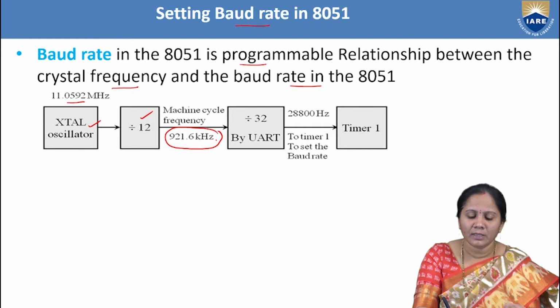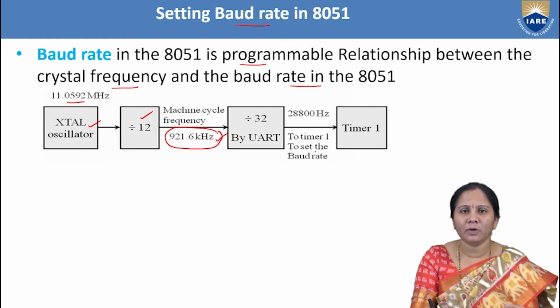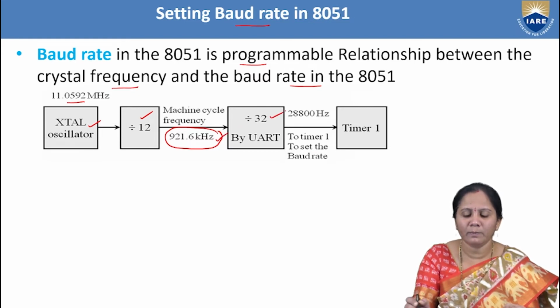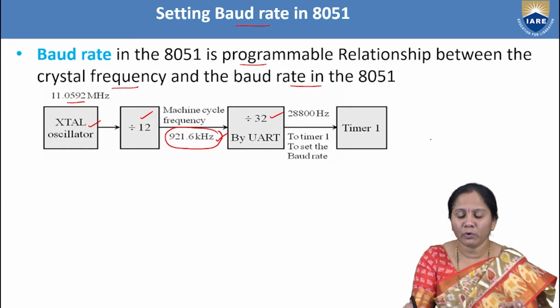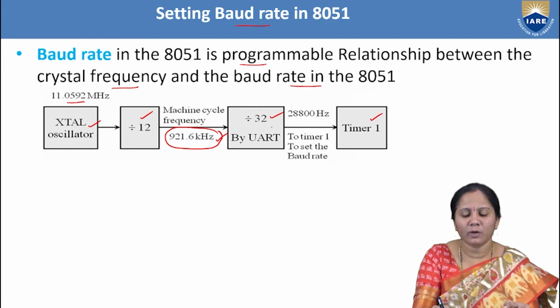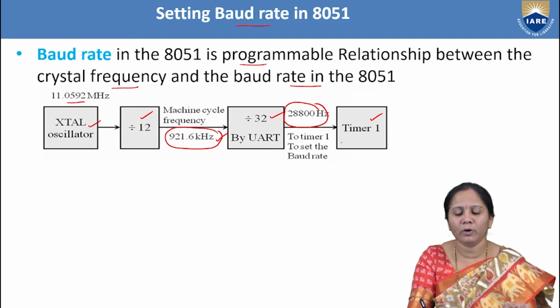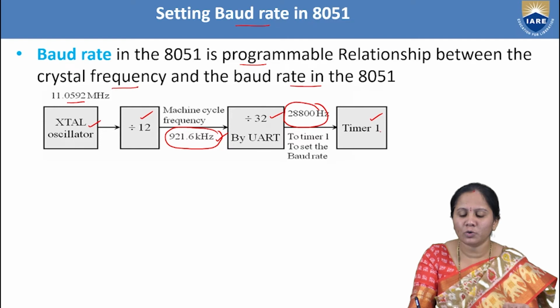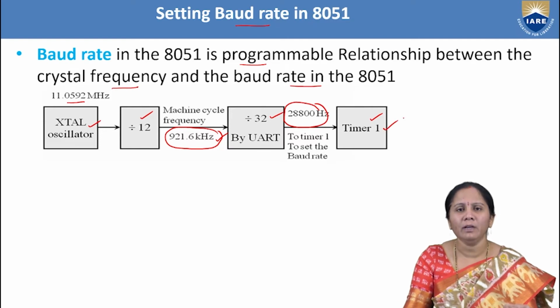This 921.6 kilohertz frequency should be divided by 32 before giving to timer 1. So 921.6 kilohertz divided by 32 gives us 28.8 kilohertz. That frequency should be given to timer 1.